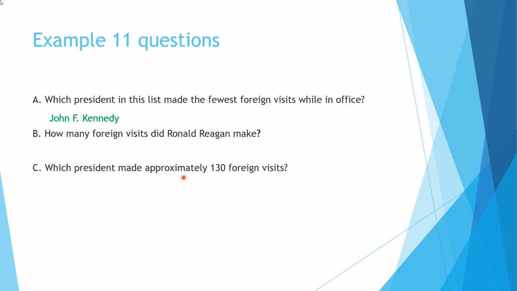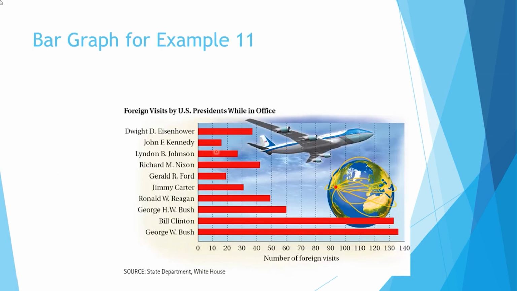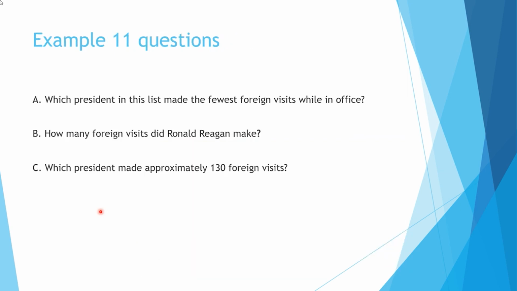How many foreign visits did Ronald Reagan make? With these bar graphs, it can be kind of tricky, so you have to make an approximation here. It looks like it's really close to 50, so it might be 49. 49 or 48. I want to say 49. What did I put here? 49. And which president made approximately 130 foreign visits?